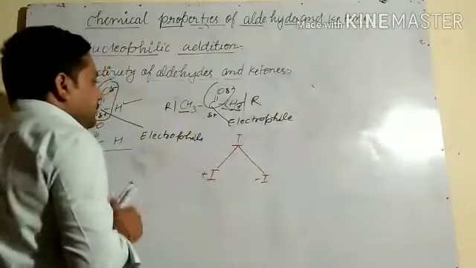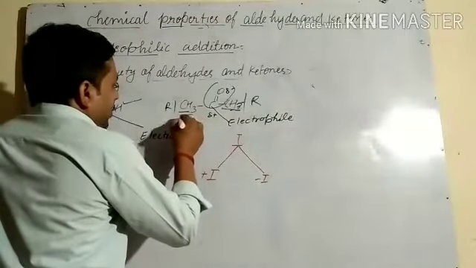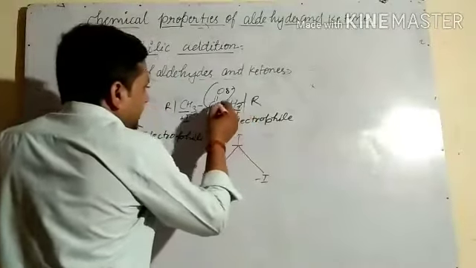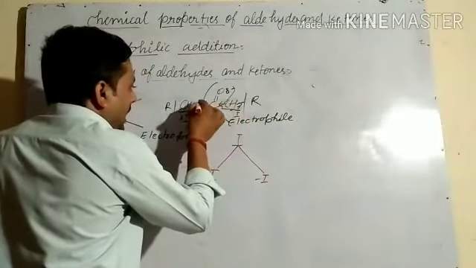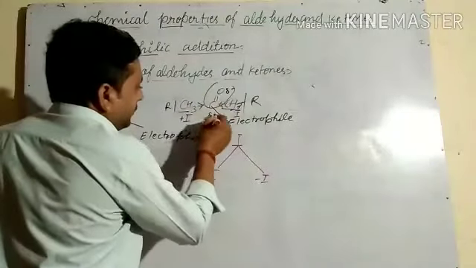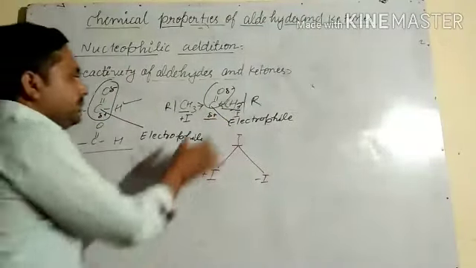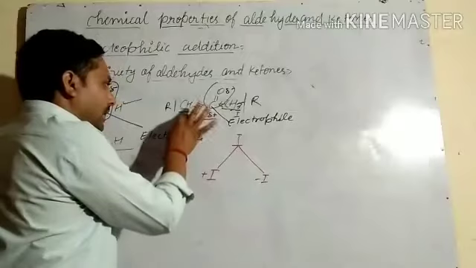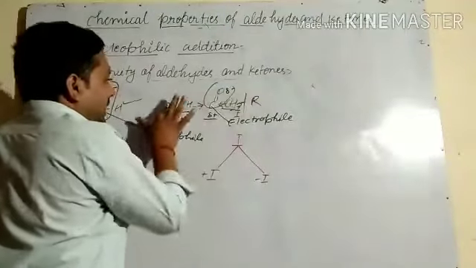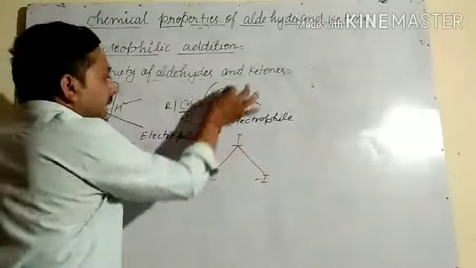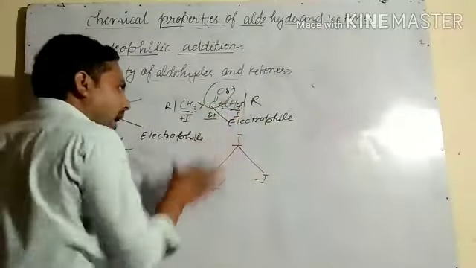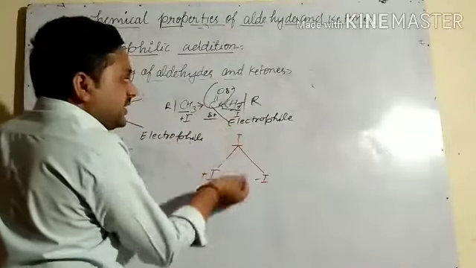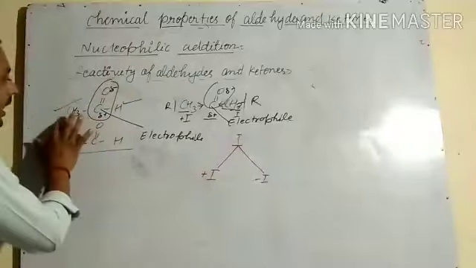So here, due to the positive inductive effect of the alkyl group, they reduce somewhat the electrophilic nature of the carbonyl carbon. Due to the plus inductive effect of methyl group, or we can say alkyl group, the electrophilic nature of the carbonyl carbon of ketone is reduced in more quantity than the aldehyde.